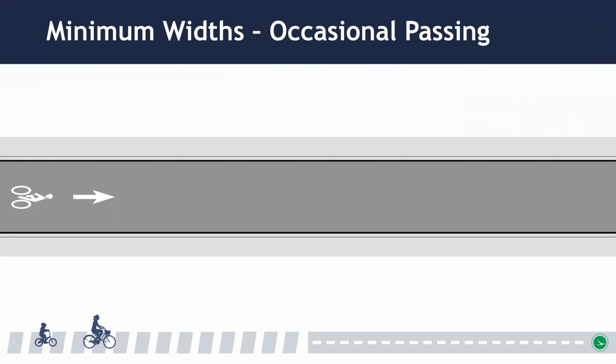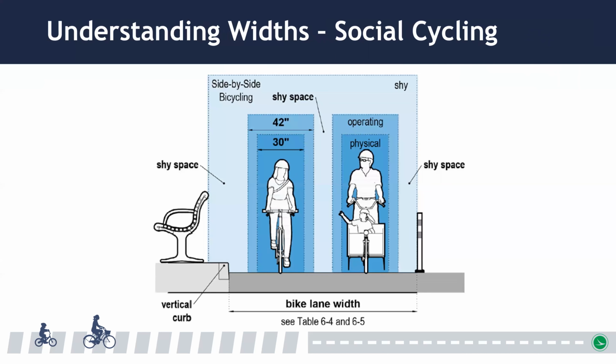This is what that condition looks like. When the low end of the minimum widths are provided, passing may still be accommodated because the bicyclist operating space is essentially limited to their physical width and the two bicyclists are only located side by side for a few moments.